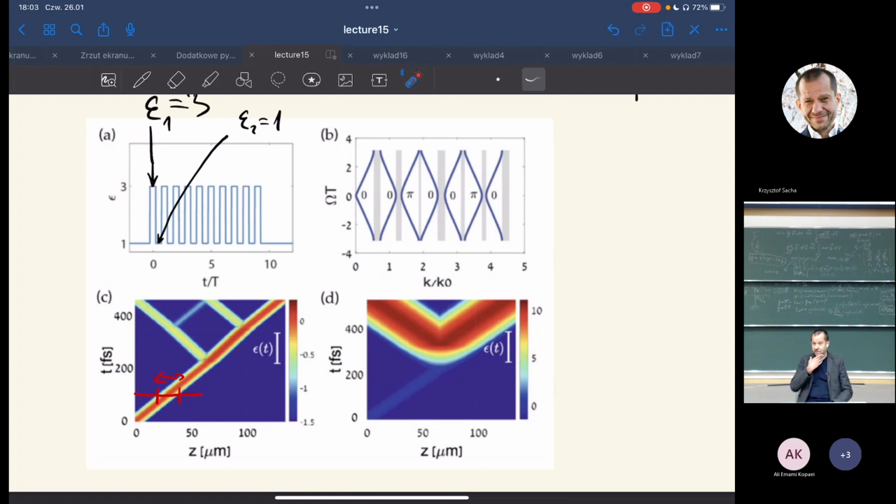Here, everything is happening in time, so the energy is no longer conserved because we have time periodic changes of the system parameters. But because we make changes in the entire space in the same way, the medium is homogeneous and the wave vector is conserved. So simply we cannot map exactly what we have in the Fresnel case to the time periodic medium.